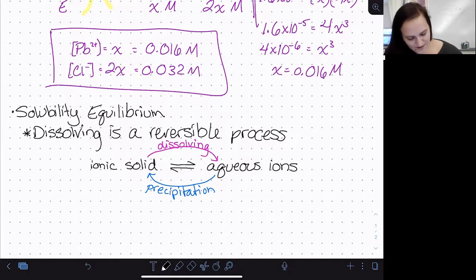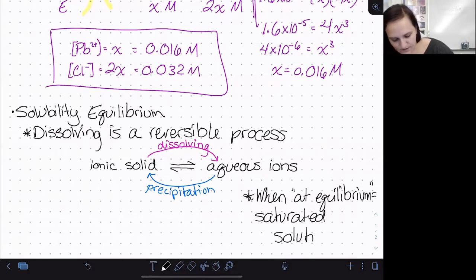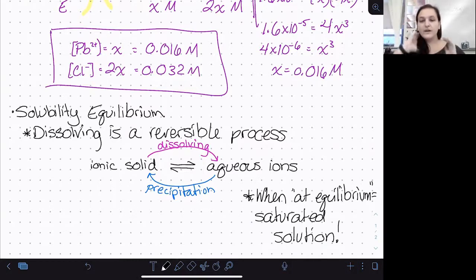When this type of system is at equilibrium, that means that we have the maximum amount of solute dissolved in our system, which is what we call a saturated solution. When we have achieved as much dissolving, as many aqueous ions as we're going to achieve, there's going to be some solid left over in the system.